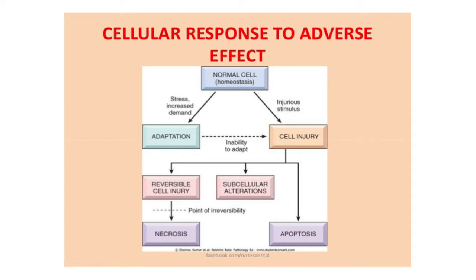A normal cell has homeostasis, where the cell's internal and external environment is normal. Whenever they are stressed, there's an increased demand, meaning that the cell will have to adapt to the increased demand, as we said earlier. When they are not able to adapt, they become injured.